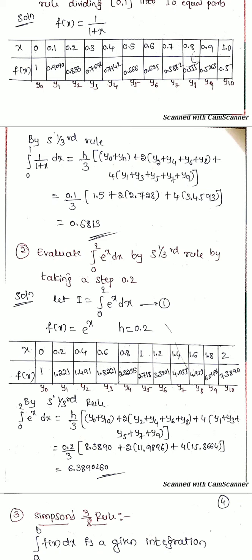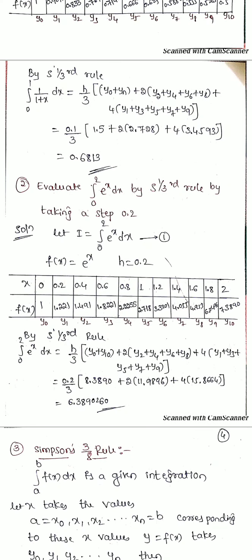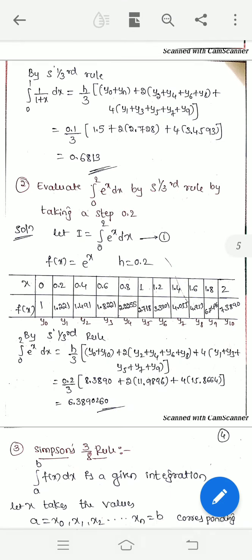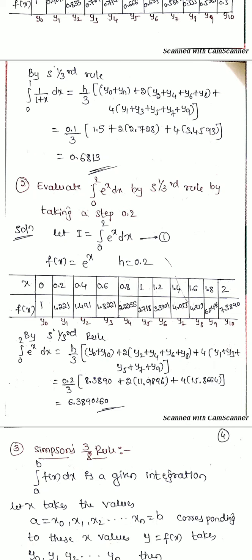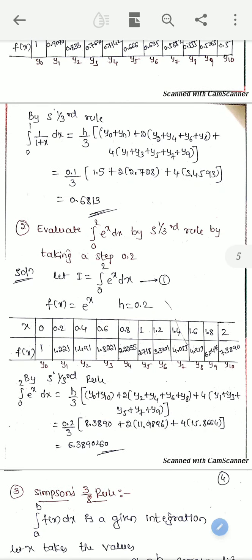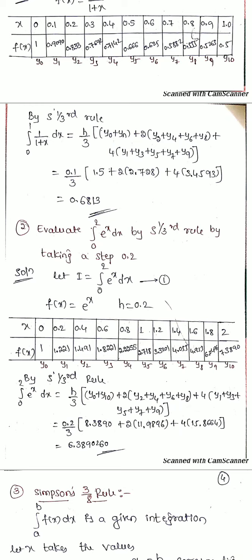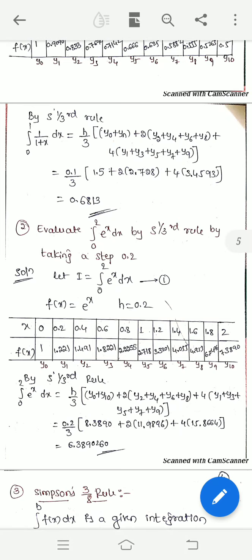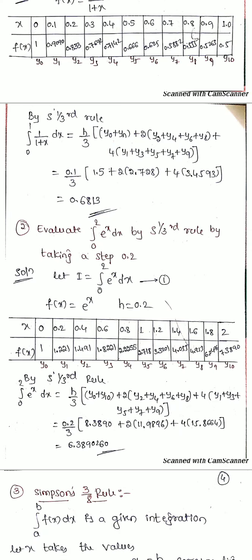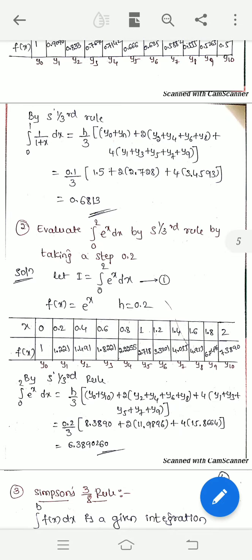If we substitute all these values in the above formula, h is 0.1 divided by 3 into the first term plus the last term, 1 plus 0.5, that is 1.5, plus 2 into the sum of the even terms, 2.728, plus 4 times the sum of the odd terms, 3.4593.